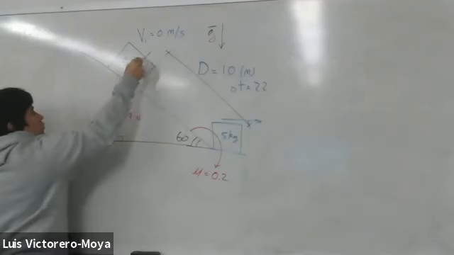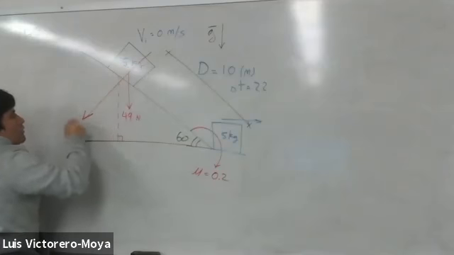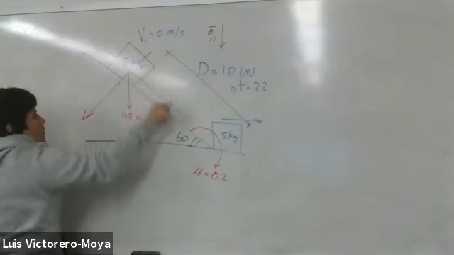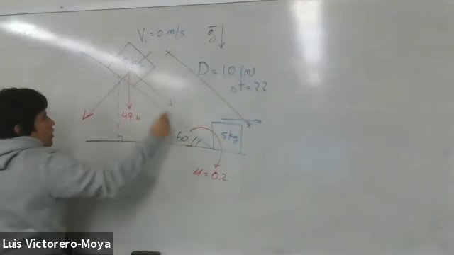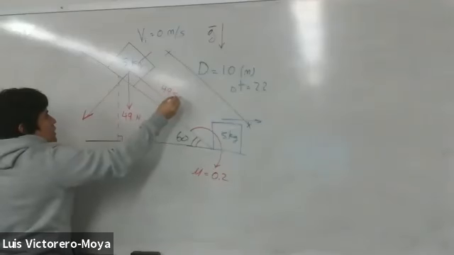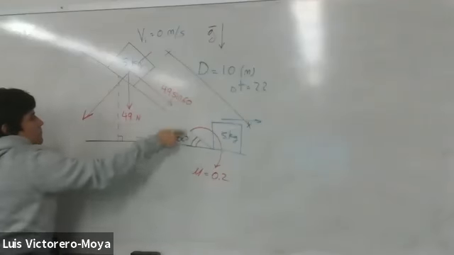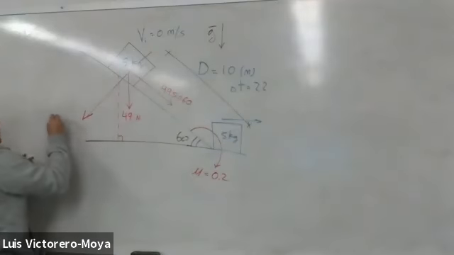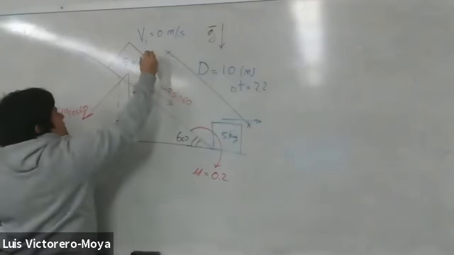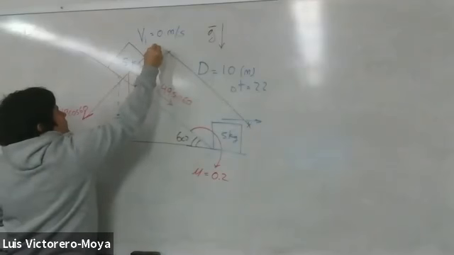But you have the components like that and like this. This is a component of the weight that makes it fall. 49 sine of 60. This one is 49 cosine 60. Which again, there's no other forces acting on this axis. So that's the normal.